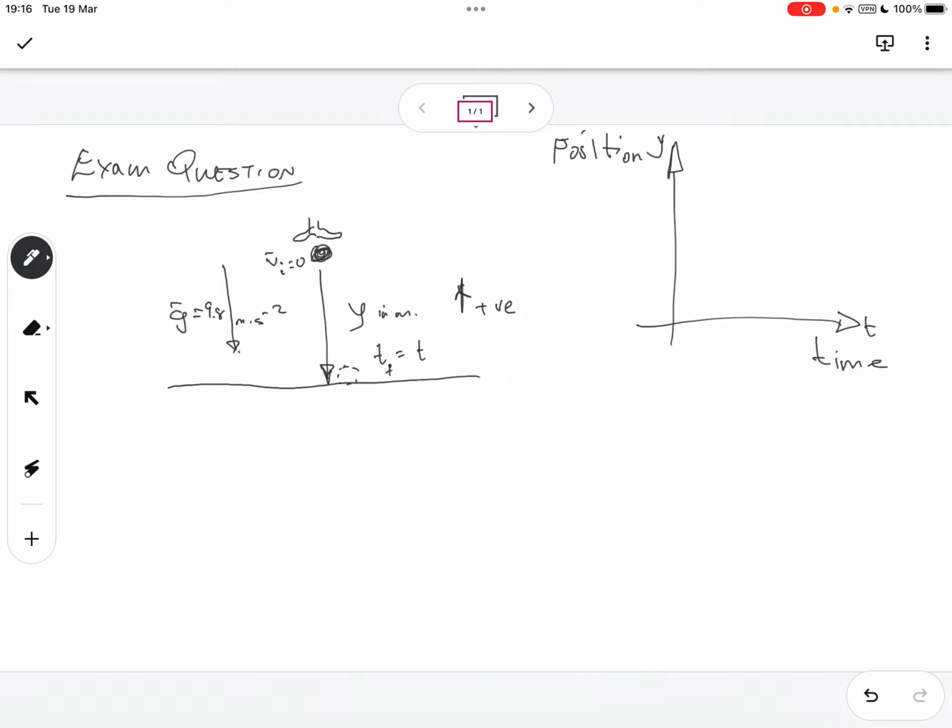Meaning its velocity changes. Acceleration means a change in velocity over time. So perhaps it's under a constant acceleration, perhaps it's under something else.